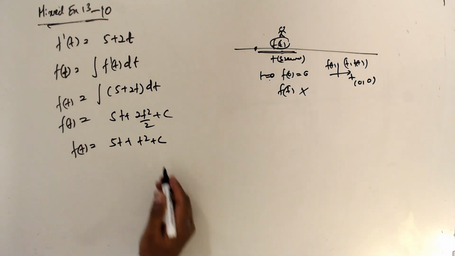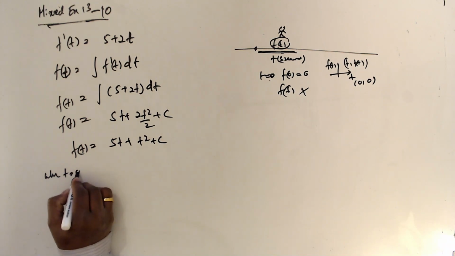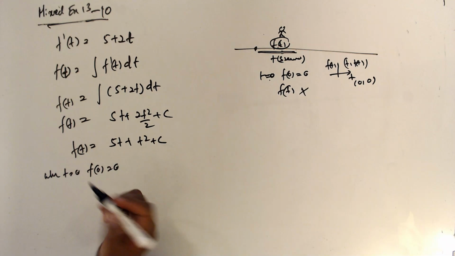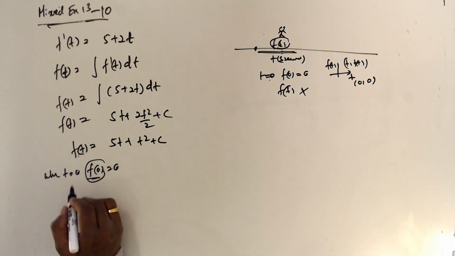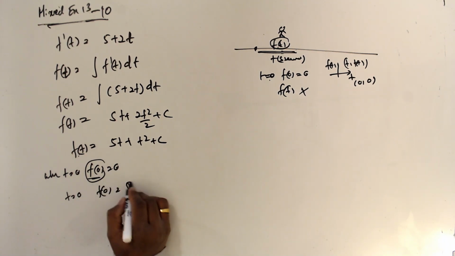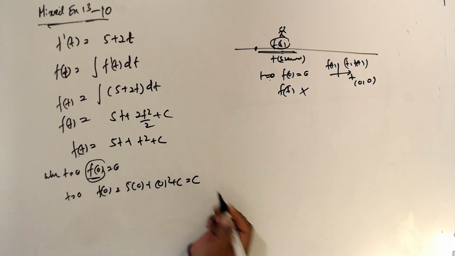Now I need to find c. That's why the data is given, when t equals 0, f(0) is 0. We substitute t equals 0 into f(t): 5 times 0 plus 0 squared plus c, which is c.